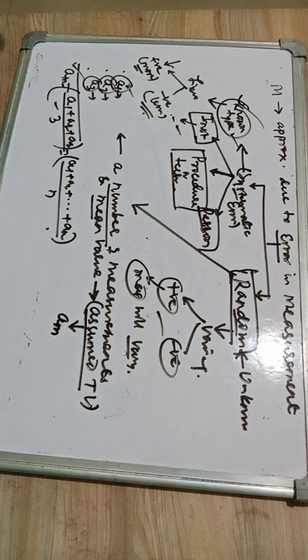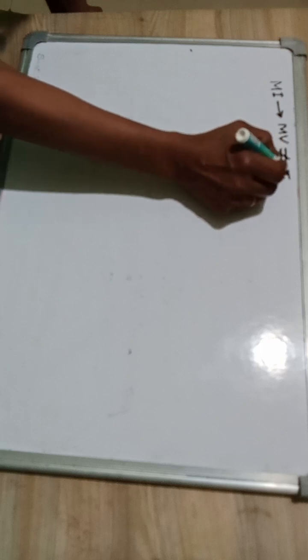Now, let us find out what error, or random error, is associated with the measurement. Every measuring instrument will have error associated with its measurement. That means the measured value will not be equal to the true value.